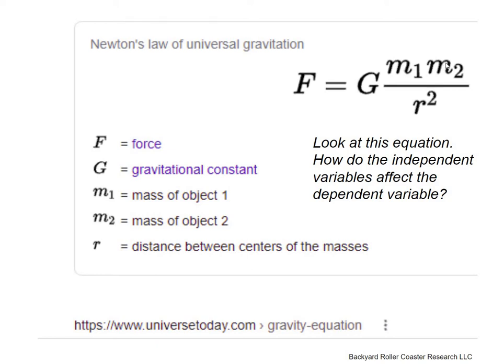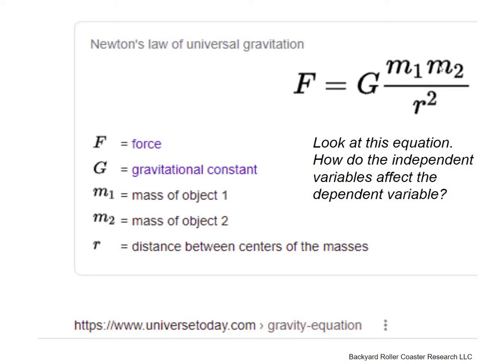we have one mass, we have a second mass, and then we have a G, a gravitational constant. I'm not sure what the number of that is, but it's for the Earth and anything on the Earth. There's one number that suffices here. And then the R is the distance between the centers of the two masses. So if I'm standing, my mass is close to the Earth's mass.